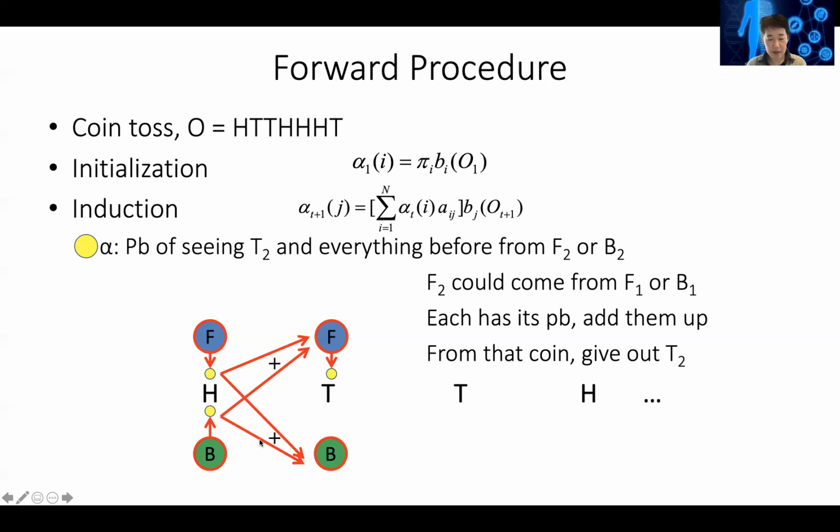The other option is to come from the bias coin, and we inherit this yellow alpha number from the bias coin here, and then transition from bias to bias coin. That's the transition probability. We sum this together, and so now we know we are using a bias coin. But using this coin, there is also an emission probability of giving out a tail from the bias coin.